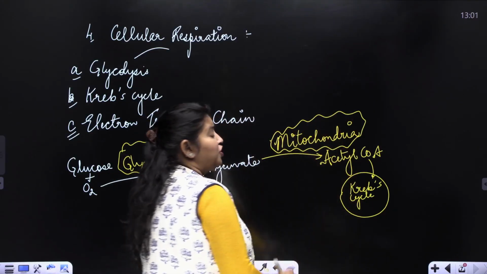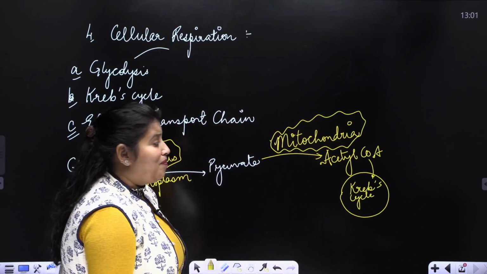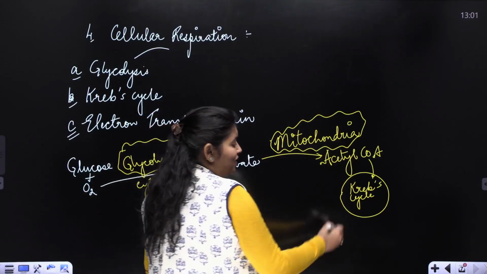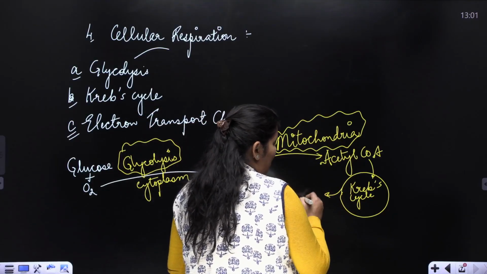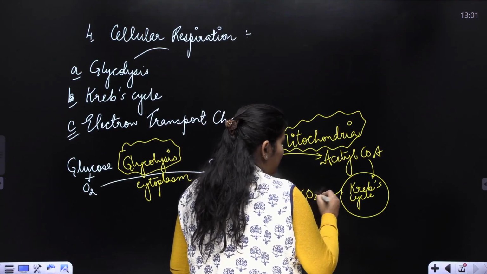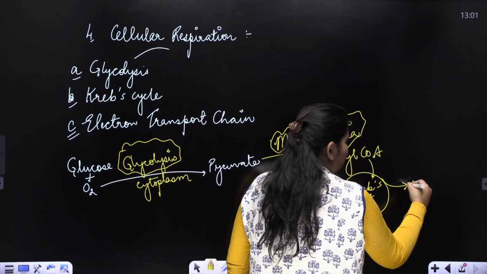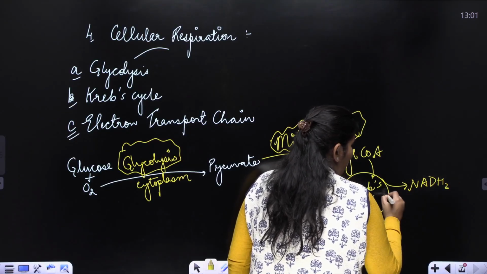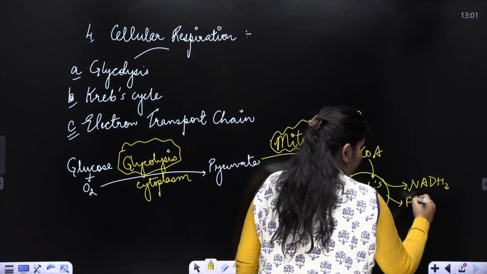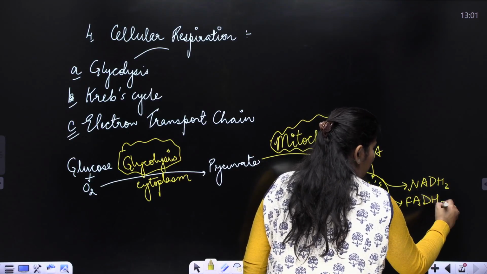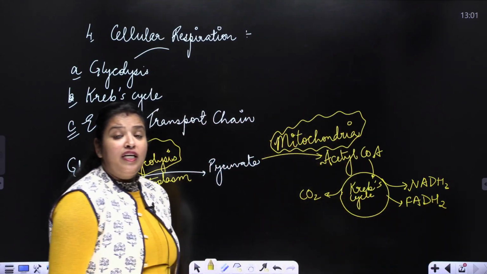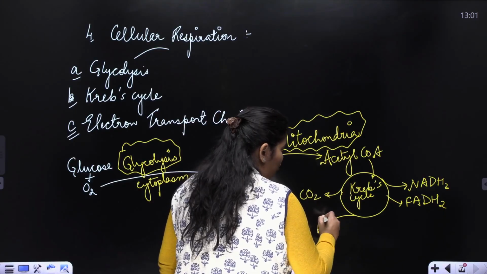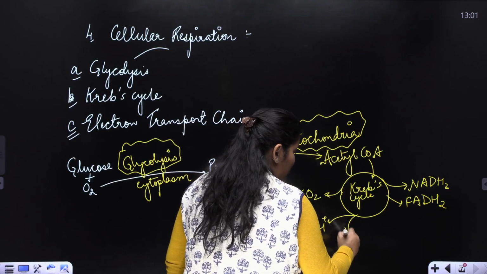The pyruvate changes into acetyl coenzyme A and then it enters Krebs cycle. When it enters Krebs cycle, it gives out carbon dioxide. It gives out energy currency in the form of NADH2 and FADH2. These are actually the electron carriers. Along with this, electrons and protons are also given out.